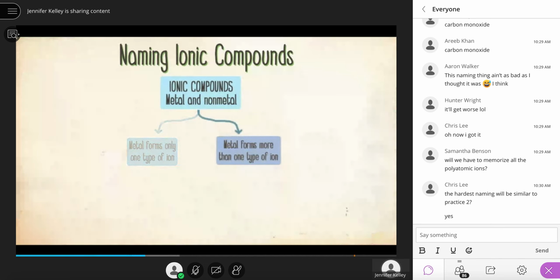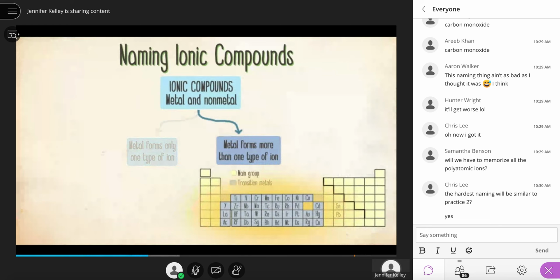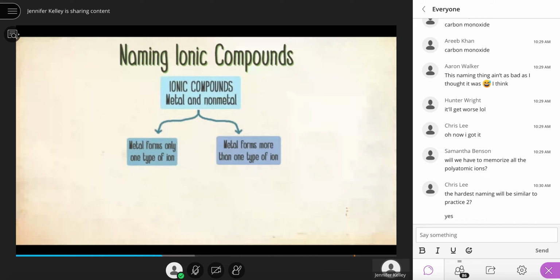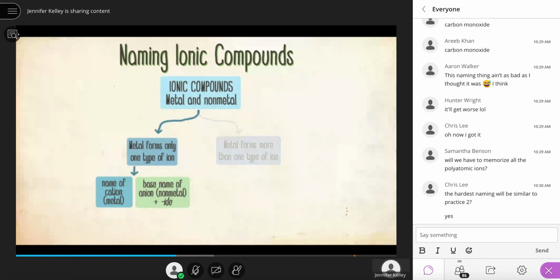The metals that form ions with different charges include most of the transition metals, with the exceptions mentioned previously. Lead and tin, although they are not transition metals, also form ions with different charges. For ionic compounds containing metals that only form one type of ion, the name of the compound is created by joining the name of the cation, the metal, followed by the base name of the anion, the non-metal, with the ending ide.